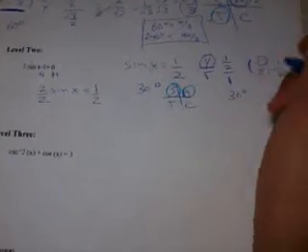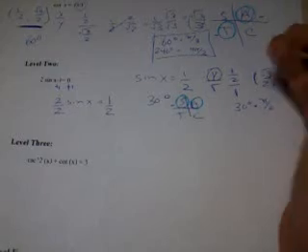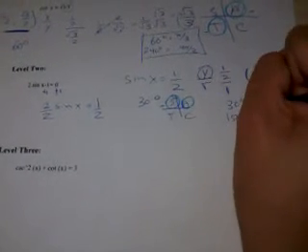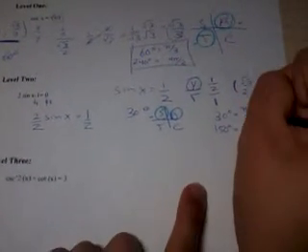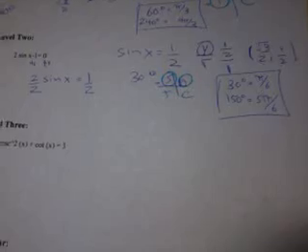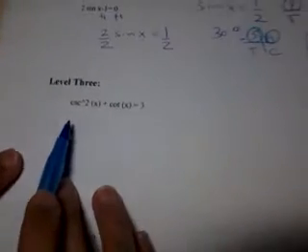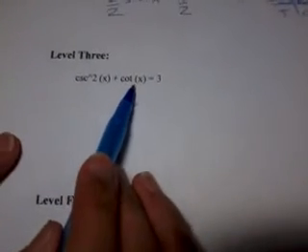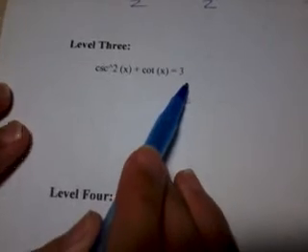So our first angle is going to be 30 degrees, which is pi over 6, and the one here, 150, since the reference angle is 30, and that is 5 pi over 6, and that is our answer for level 2.